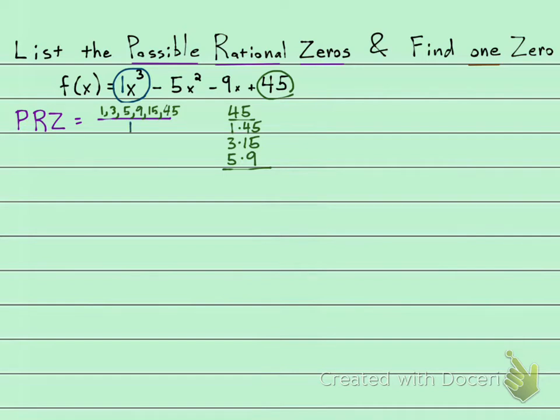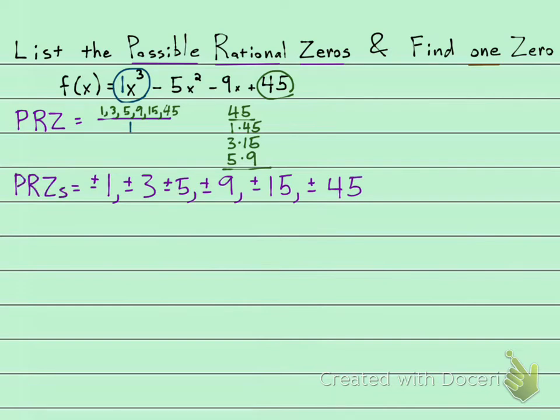Okay, so here's my possible rational zeros. I'll put them down here. I have plus or minus 1 over 1, plus or minus 3 over 1, plus or minus 5 over 1, plus or minus 9 over 1, plus or minus 15 over 1, and plus or minus 45 over 1.